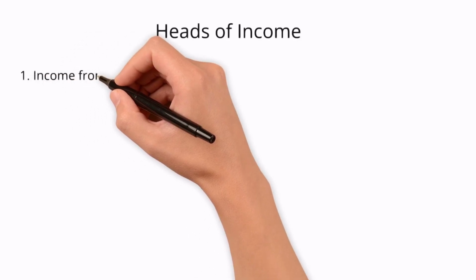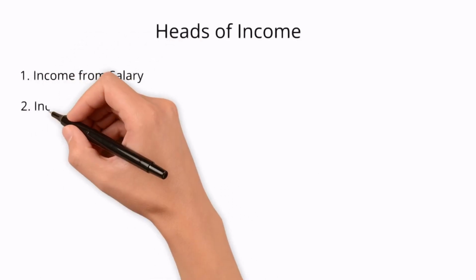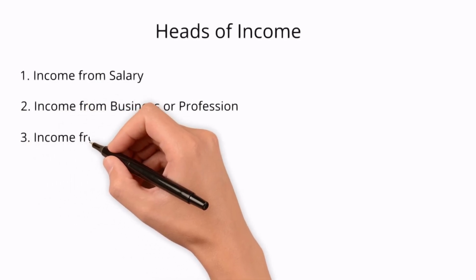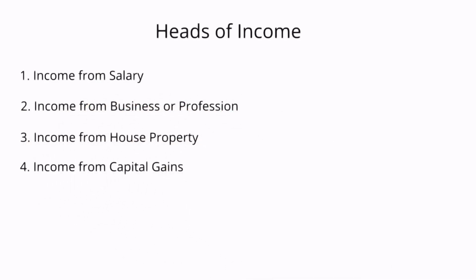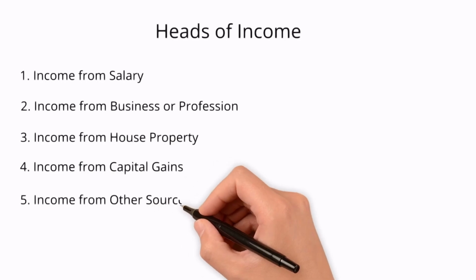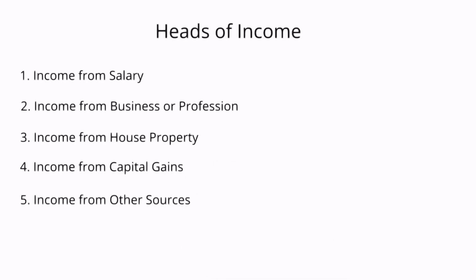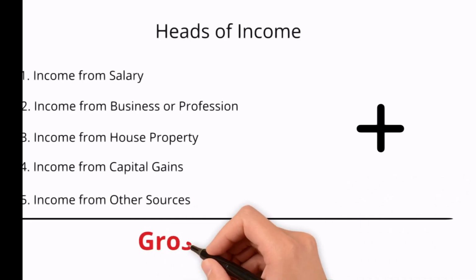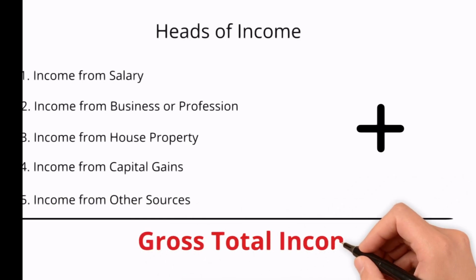These are income from salary, income from business or profession, income from house property, income from capital gains, and lastly, any other source of income which cannot fall under any of the four heads above falls under this category: income from other sources.